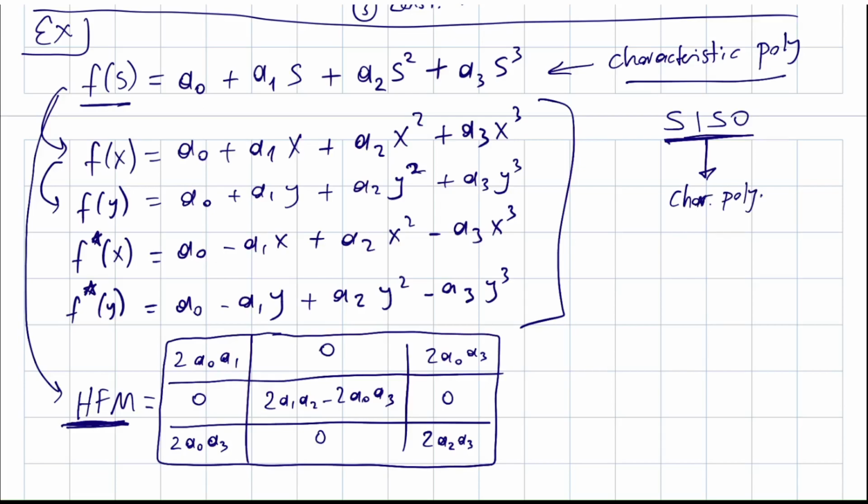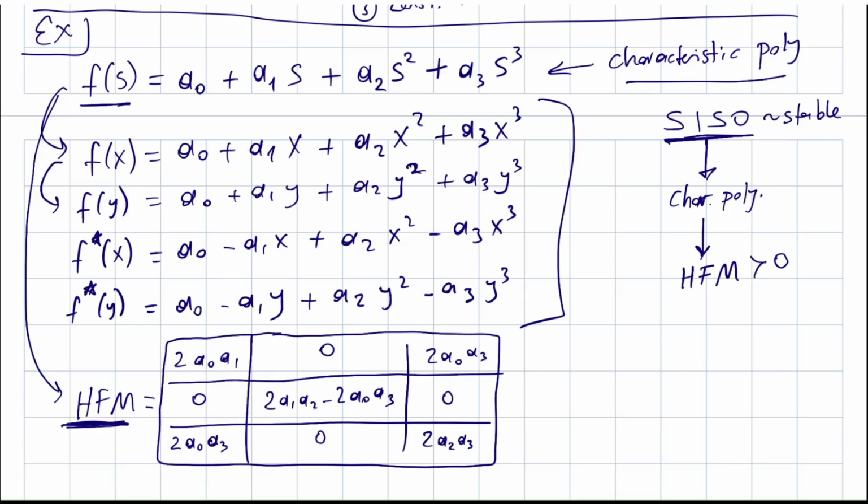By using that characteristic polynomial, you are going to construct a corresponding Hermite-Fujiwara matrix, and this is stable if and only if this Hermite-Fujiwara matrix is positive definite.